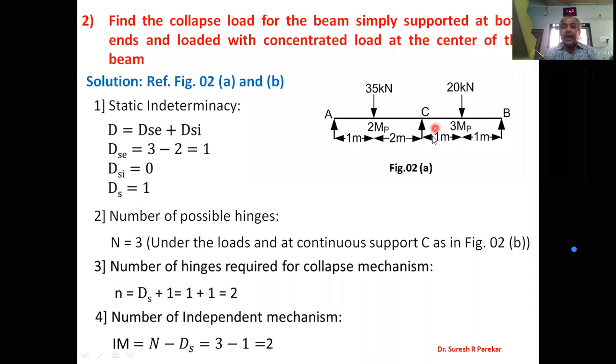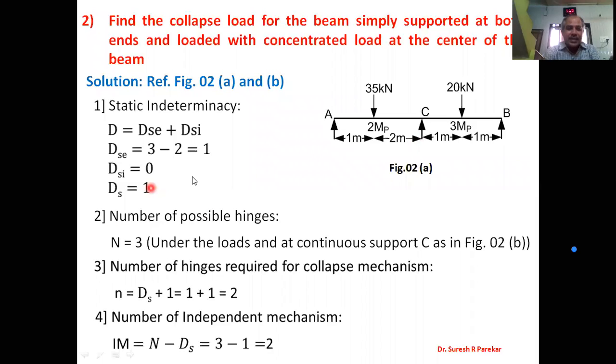So at C I have to take the minimum of the two. Means when I have a plastic hinge at C, I have to take MP as 2 MP, not 3 MP. For AC also I have to take at C 2 MP, and for CB also at C I have to take it as 2 MP. So at C you have to take the minimum of left and right.